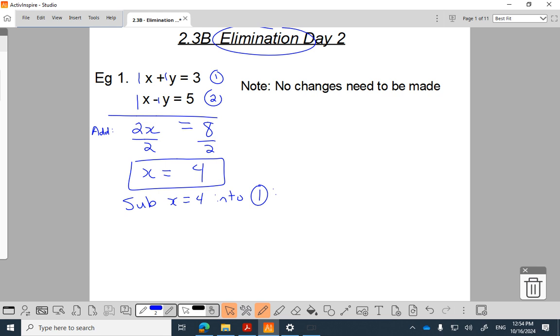So, let's talk about the substitution for a minute, because if we're ever going to be able to solve by substitution, we have to know, what are you going to do with the 4? Yeah, you replace the x with 4. 1 times 4, which is 4, plus y equals 3.